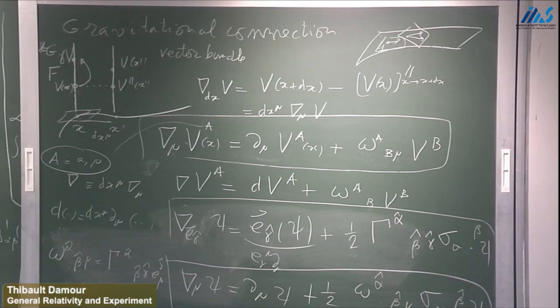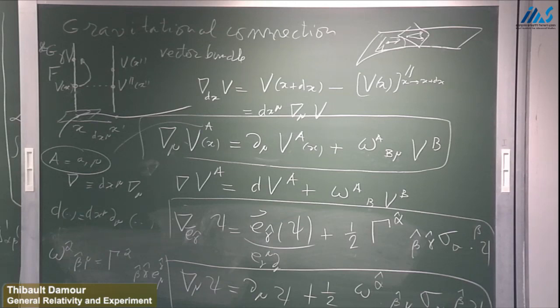So I have this first term, and then I have a second term, I mean 3 terms, which is the following: minus C alpha beta gamma, minus C beta gamma alpha. One must be careful about the indices, minus C gamma beta alpha, where I have a dot here, dot here, dot here. So I have 3 other terms which contain structure constants of the frame C, which are defined as follows.